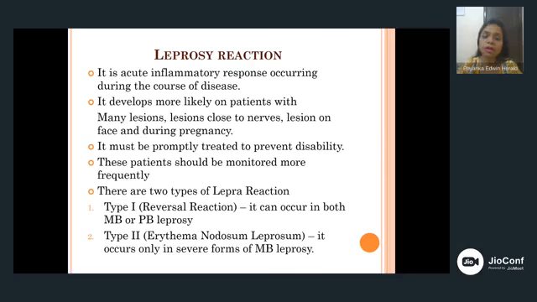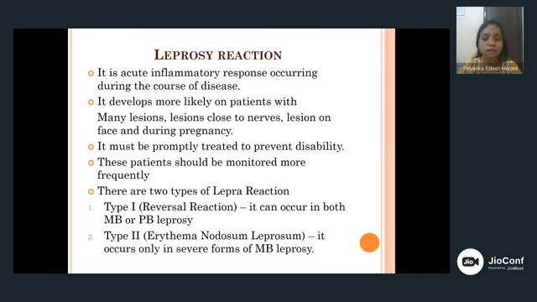Why does it develop? Because it is an immune response of our body towards Mycobacterium leprae. It is more likely to develop in patients who have many lesions, lesions closer to nerves, lesions on the face, or during pregnancy. Those patients are more affected by leprosy reaction.